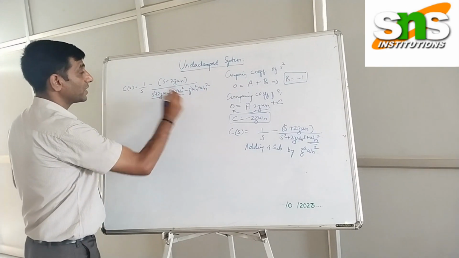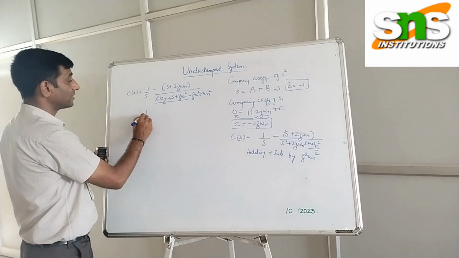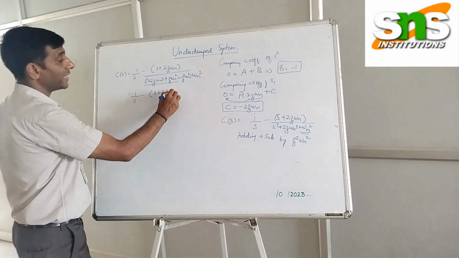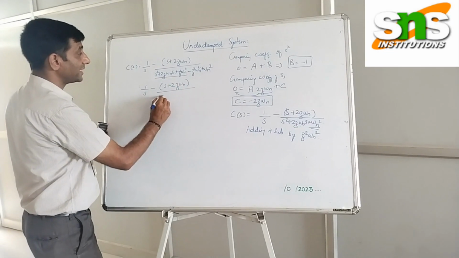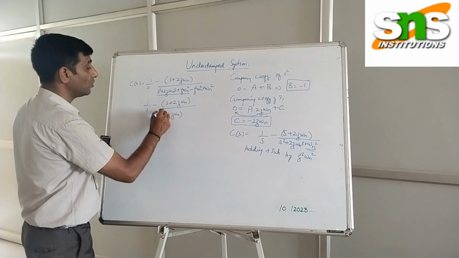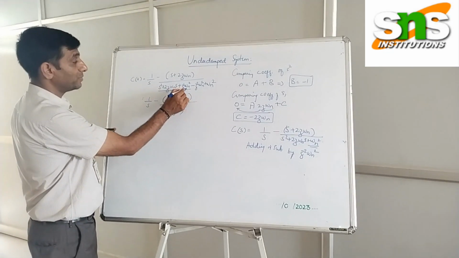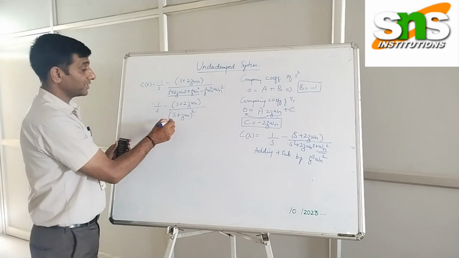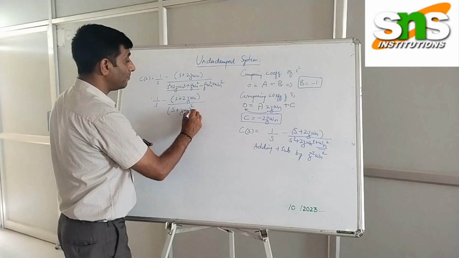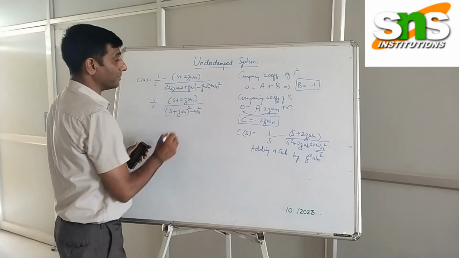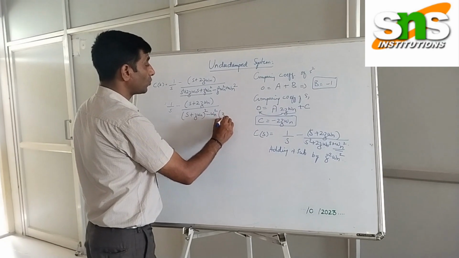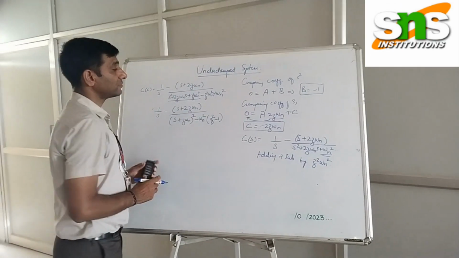Combining this term, we can write it as 1 by s minus s plus 2 zeta omega n, the whole thing divided by s plus zeta omega n the whole squared, since a squared plus b squared plus 2ab is a plus b the whole squared. Here omega n squared is common, so taking it outside we get zeta squared minus 1.